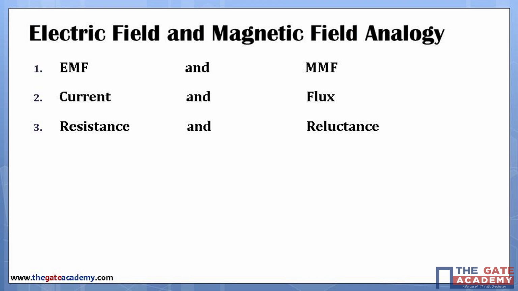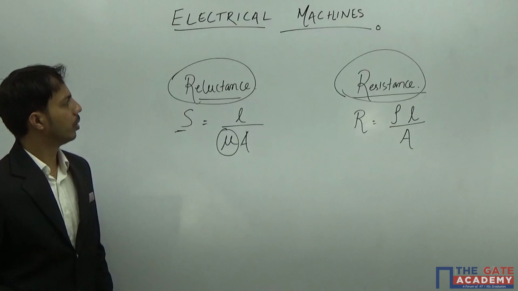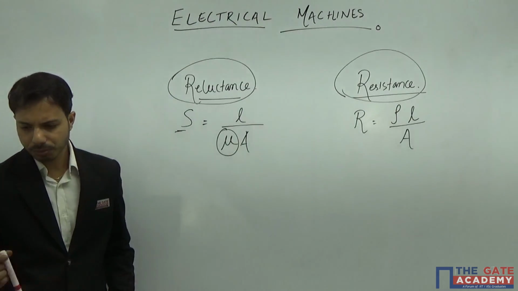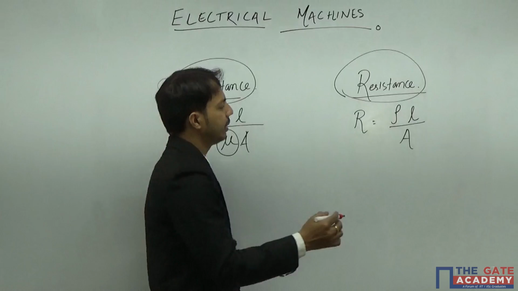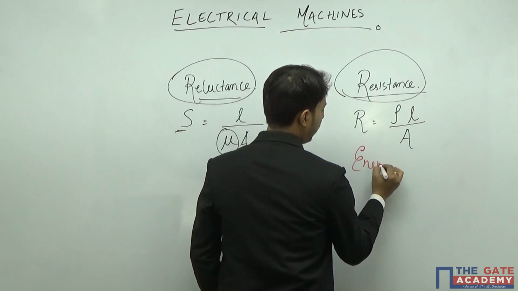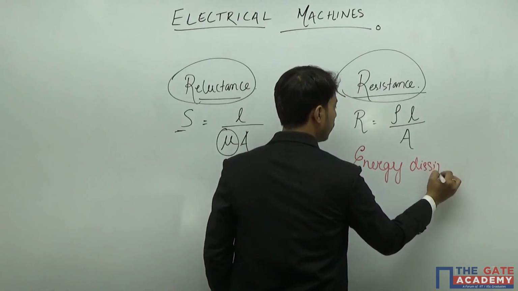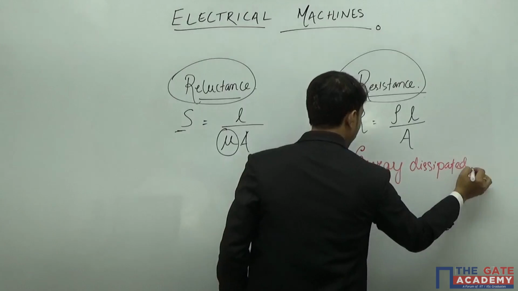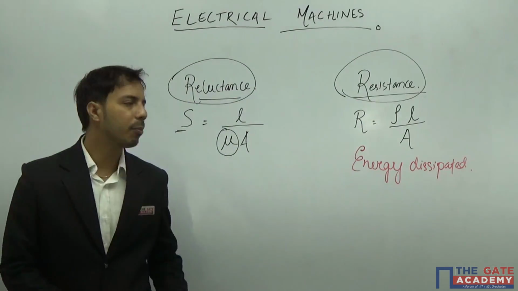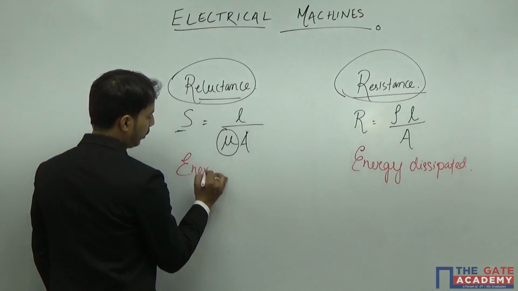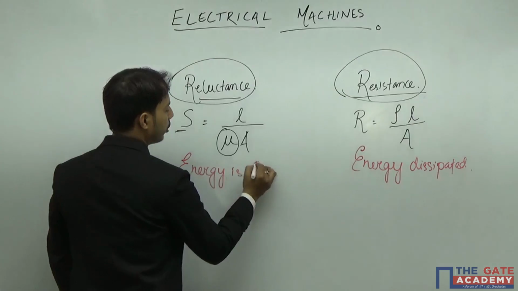Now there is a very important difference between reluctance and resistance. This is very, very important. In resistance, energy is dissipated. Whereas in reluctance, the energy is stored.